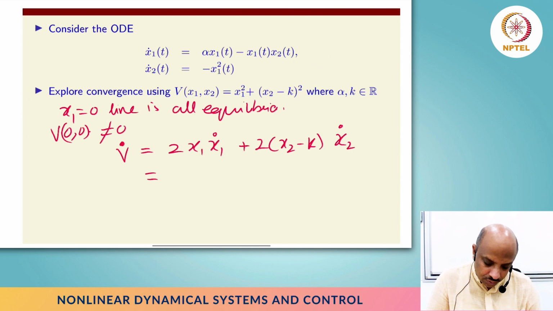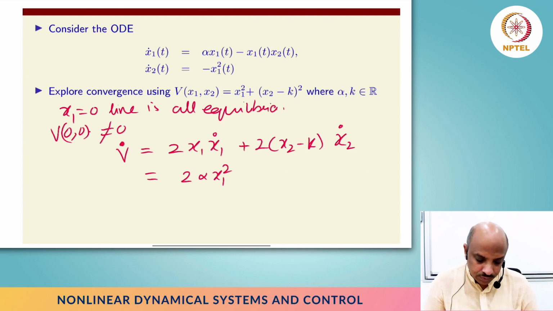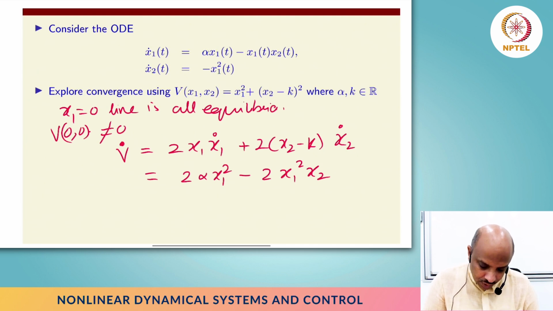which is basically going to give me 2 alpha x1 square, minus 2 x1 square x2, right? And substituting for x, we'll get plus minus 2 x1 square x2.